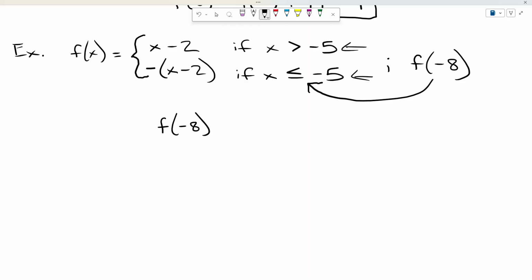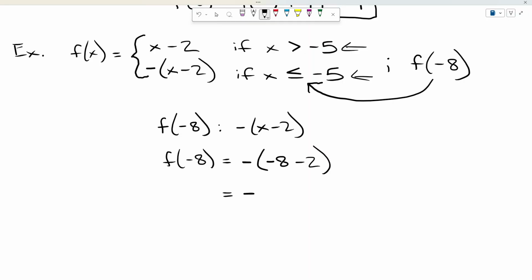So f of negative 8, and we'll be using this equation. And when we input negative 8, we'll still leave the negative on the outside of our parentheses. So inside, x becomes negative 8 minus 2.